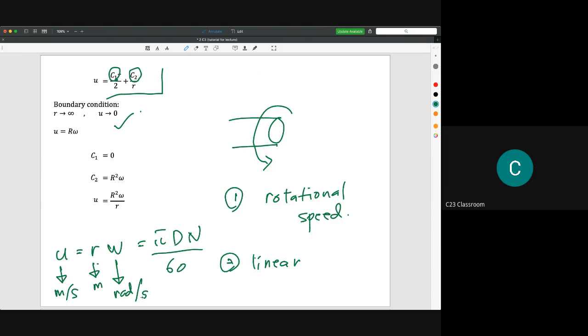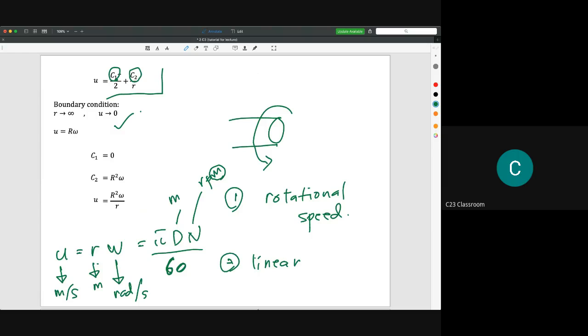Pi is a constant, D is the diameter, so it should be in meters, and N is the RPM, meaning rotations per minute. Because we have per minute here, we need to divide this value by 60, so it will give you the result in terms of seconds. If you have RPS, rotations per second, there is no need to divide by 60.